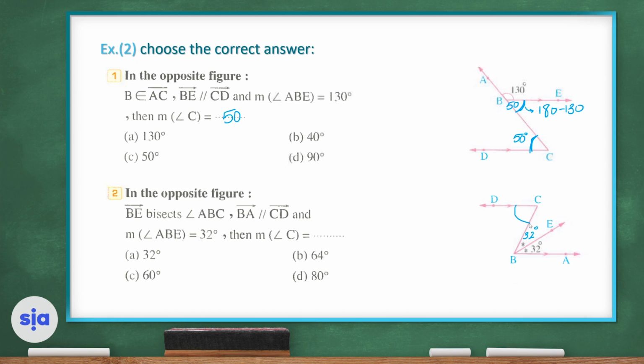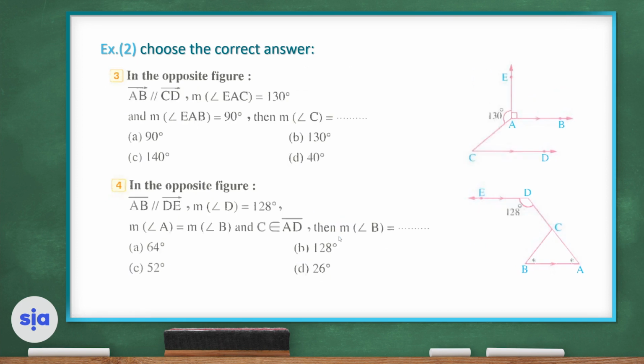Angle C is equal to angle ABE because they're alternate angles. So the measure of angle C is 32 plus 32, which is 64 degrees.